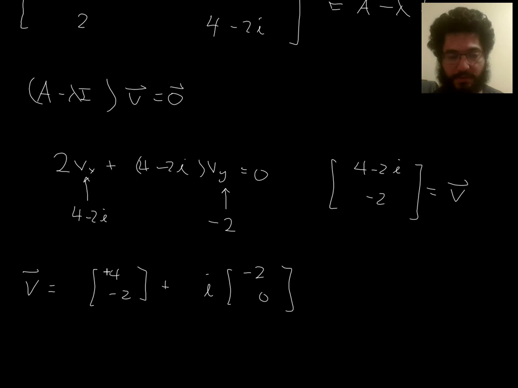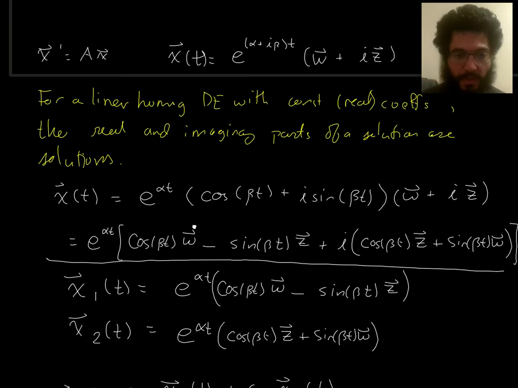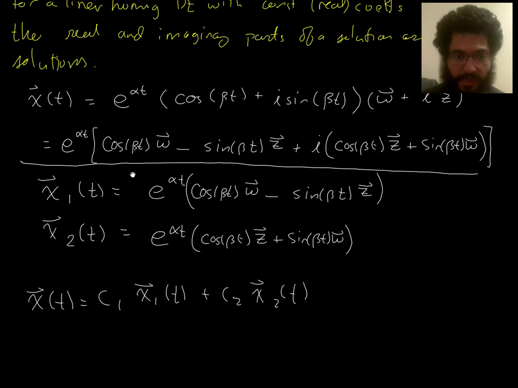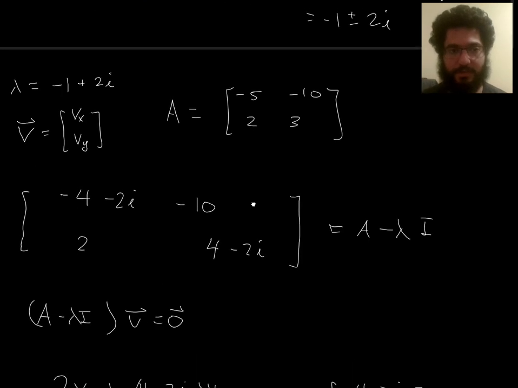So there's the thing I was calling W, and this one I was calling Z. So now actually if I want to, I can just follow this as a formula, use this as a recipe for creating the general solution. Since I have my alpha and beta and I have my W and Z, right? W is this and Z is this. But I guess I'd rather not.